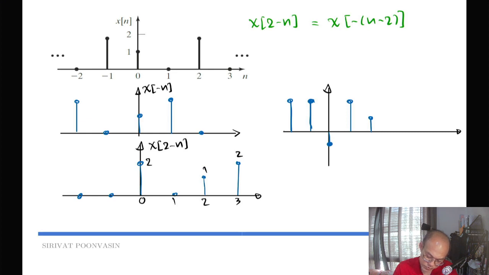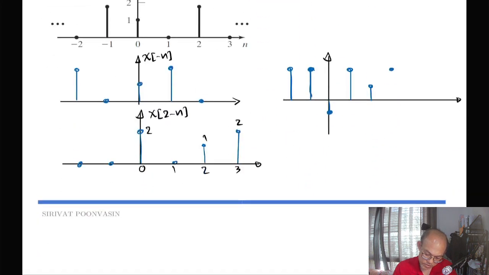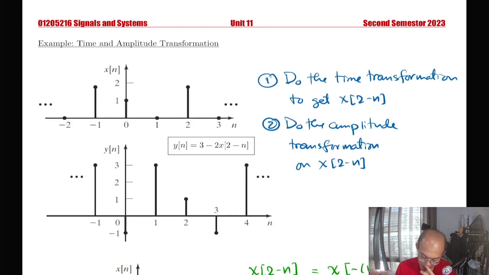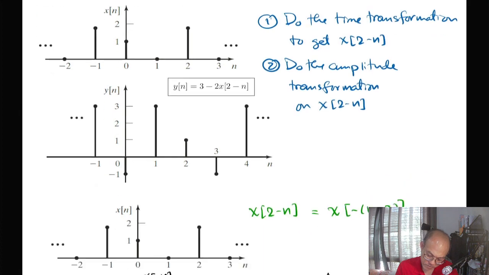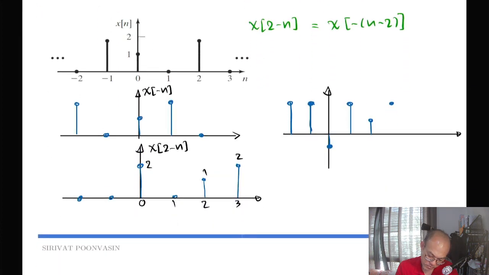Okay, and for 2 we have 3. 2 multiplied by minus 2, no, here 1. 2 multiplied by minus 2 is minus 4.